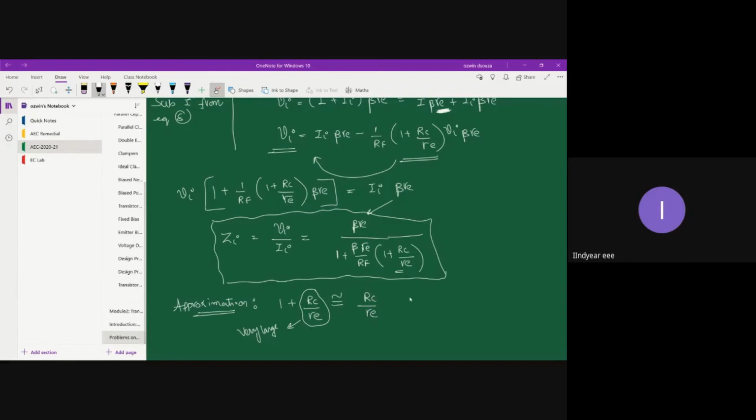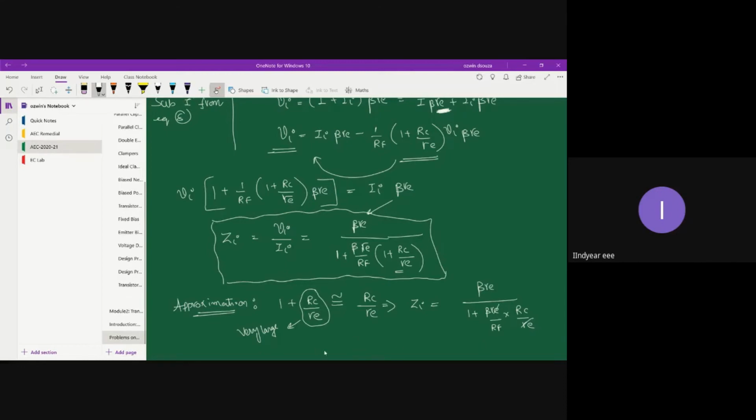Taking that into consideration, your input impedance Zi becomes beta Re divided by 1 plus beta Re divided by Rf into Rc by Re. So Re gets cancelled.